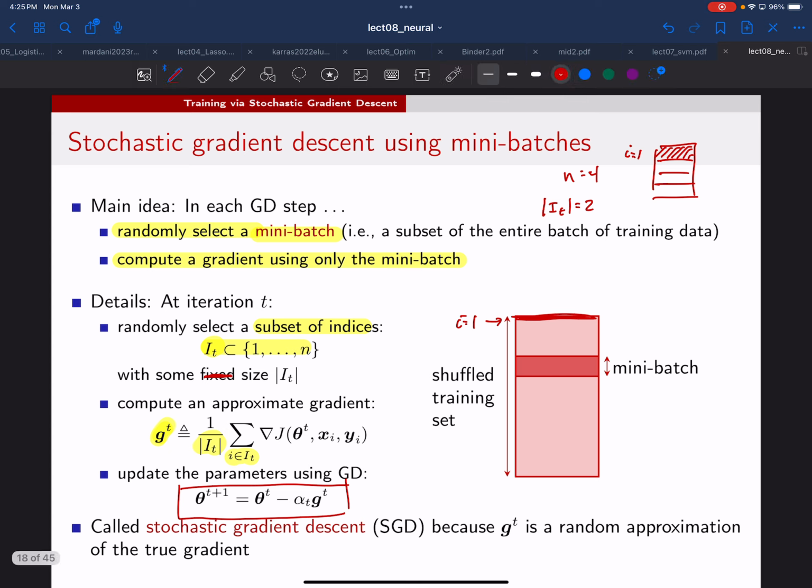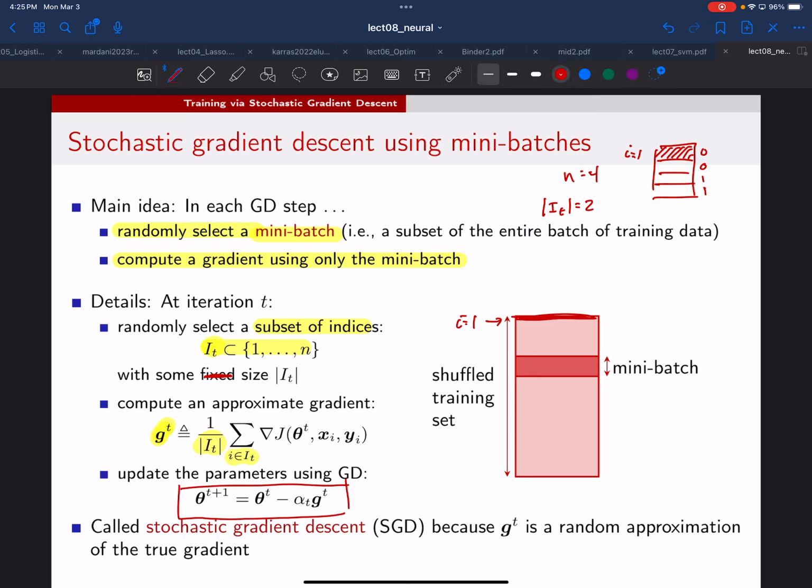Maybe we could think of them as binary numbers. This subset includes those two samples, but does not include the first two. So that subset might be indicated by that.